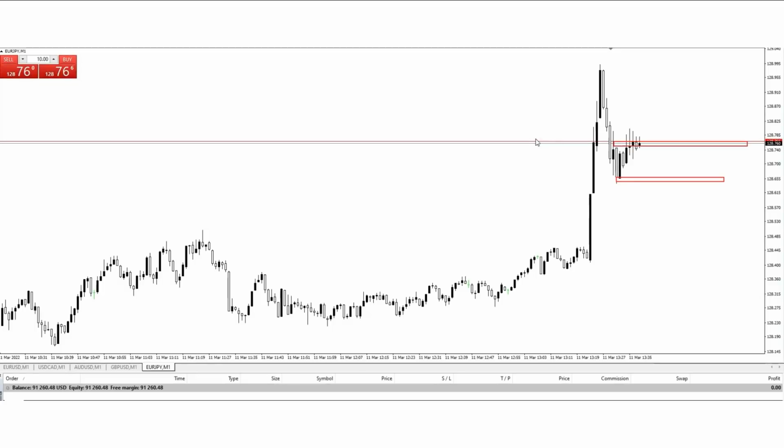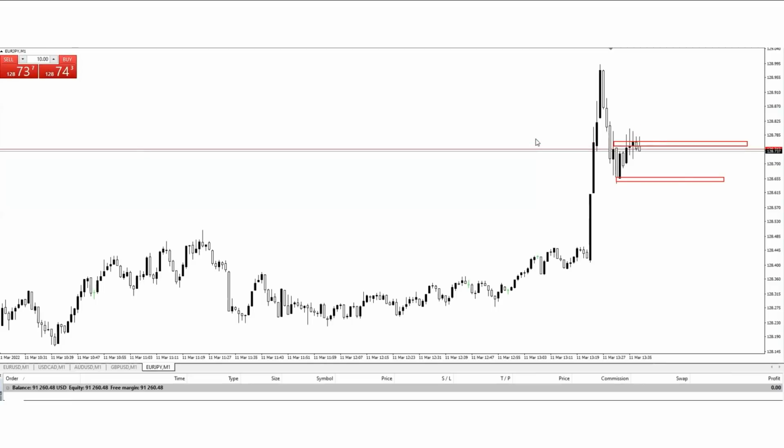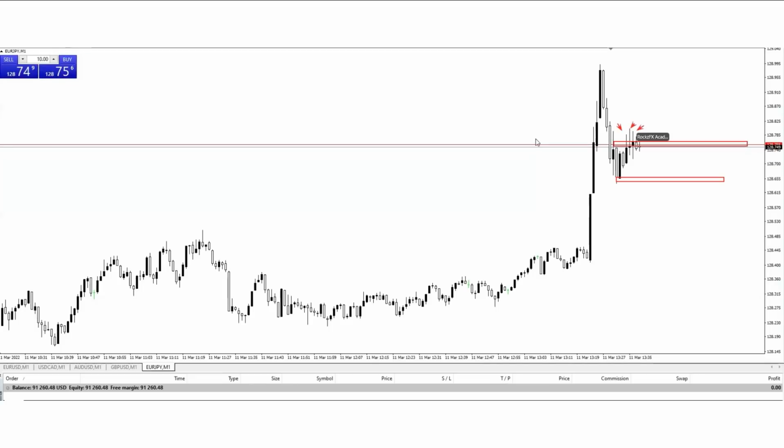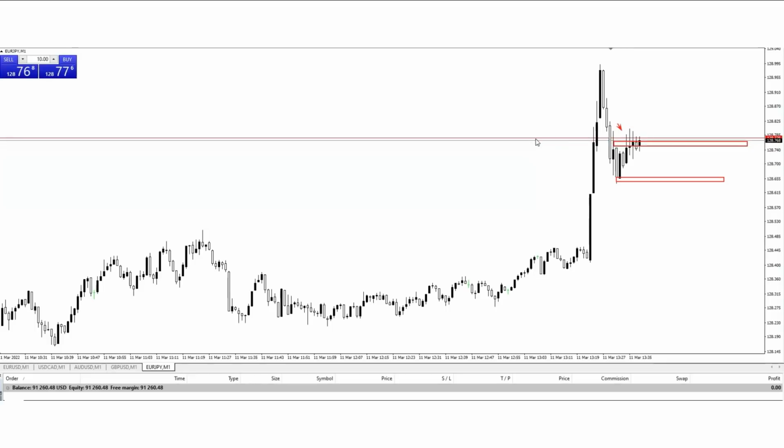If one of your soldiers managed to get over the wall, there's a high chance you can continue running. But if we start to see multiple wick rejections, then that clearly means there is a wall there, so your soldiers are slowing down. So you might as well mark it as a brick wall, and then just wait for price to break above to show you that, okay, I'm over the wall now and it's time to continue marching forward. Right.